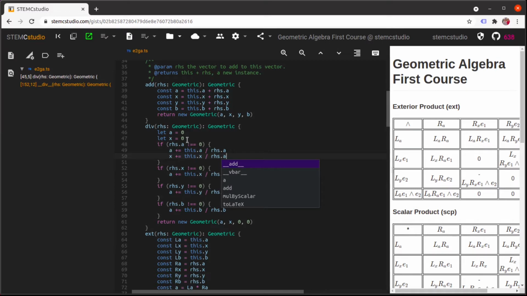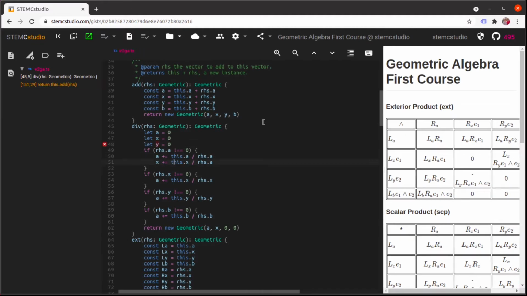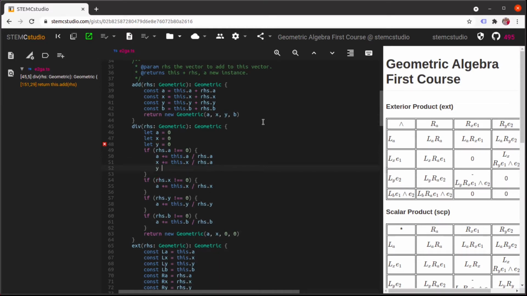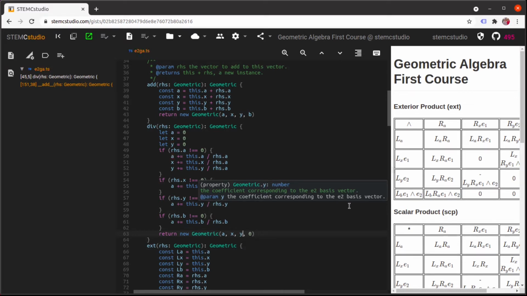That takes care of the x component, but there's also y. So let y equal 0, and y plus equals this.y divided by the right-hand side.a. Hopefully this gives us a very limited division capability, just a little more than what we had before.